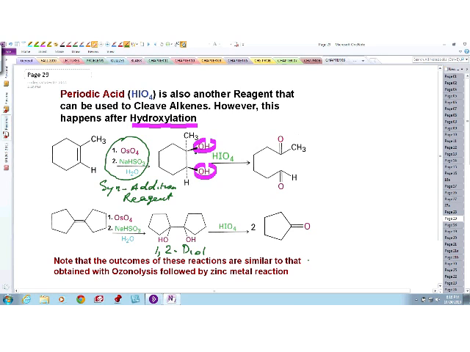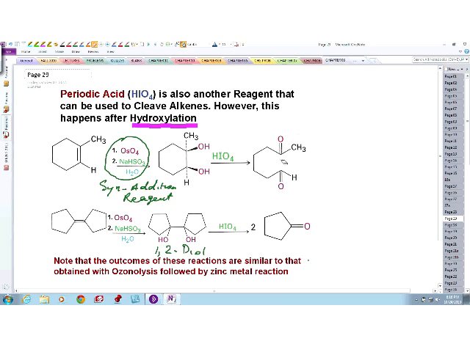Now, once we form the 1,2 diol, we could then take that and react with this molecule we call periodic acid right here. That is periodic acid. Once you react the periodic acid with the 1,2 diol, you will cleave this carbon-carbon bond.